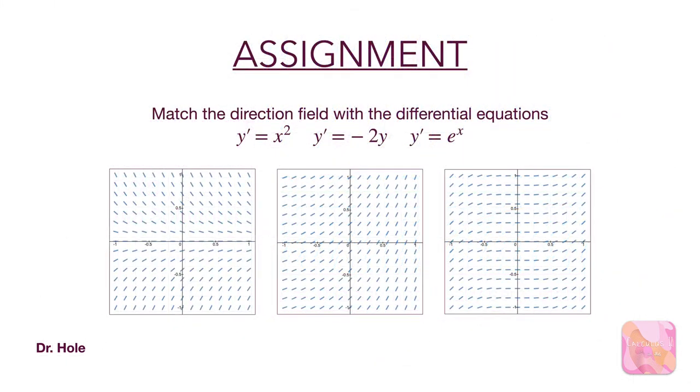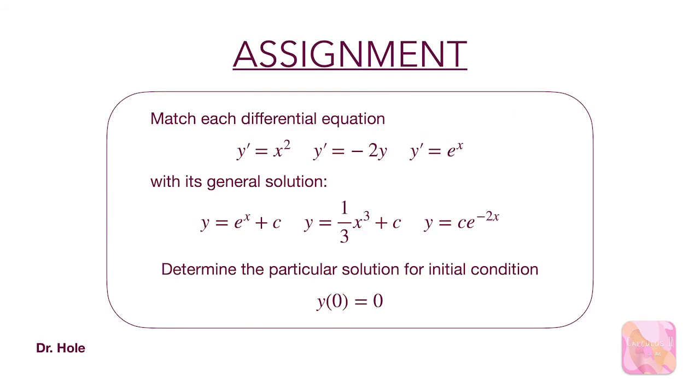Okay, so here are some nice assignments for you. To begin, first match each direction field with its corresponding differential equation. Then, match each differential equation with its general solution. And for each general solution, determine a particular solution corresponding with an initial condition, y of 0 equaling 0.